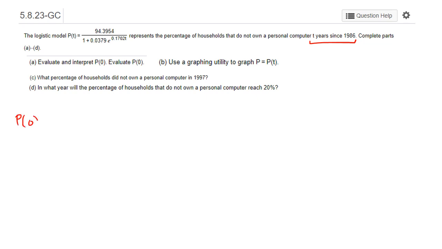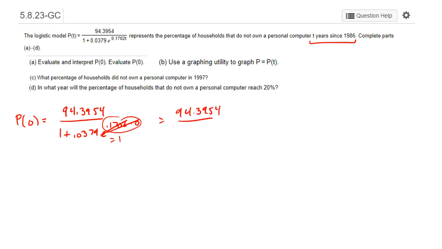Well, first we just have to evaluate it, so I'm just going to plug it in. 94.3954 over 1 plus 0.0379 e to the 0.1702 times 0. Here I get an exponent of 0, and e to the 0 is equal to 1. So this is just going to be 94.3954 over 1 plus 0.0379.